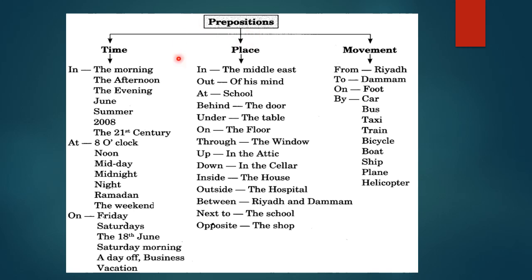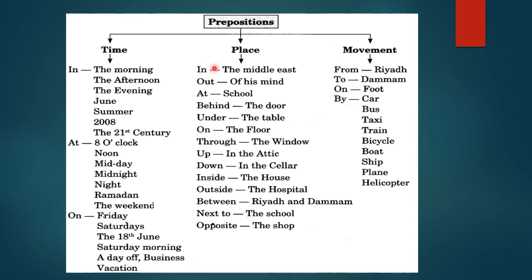Very important chart. You people should remember this. Preposition of time is in, at, on. Preposition of place is in, out, at, behind, under, on, through, up, down, inside, outside, between, next to, opposite. So these are all prepositions of place. Then preposition of movement, from, to, on, by.